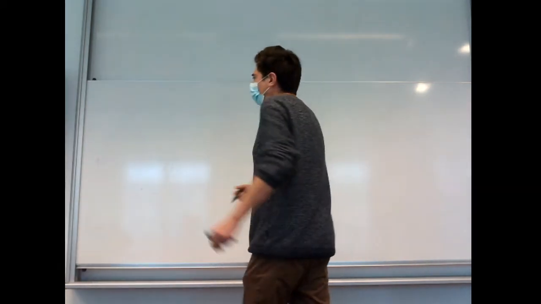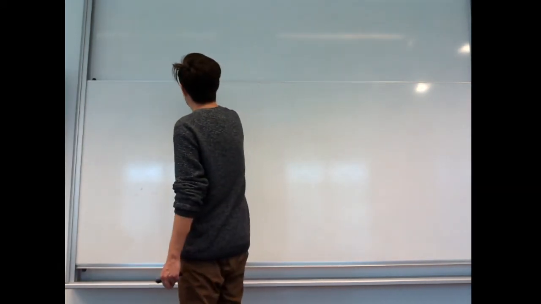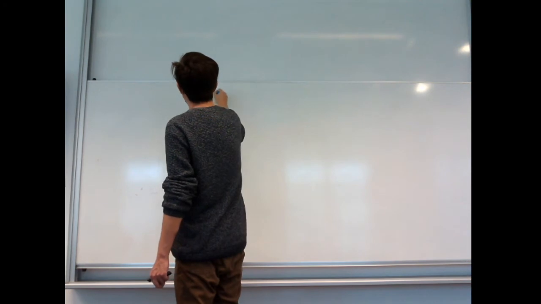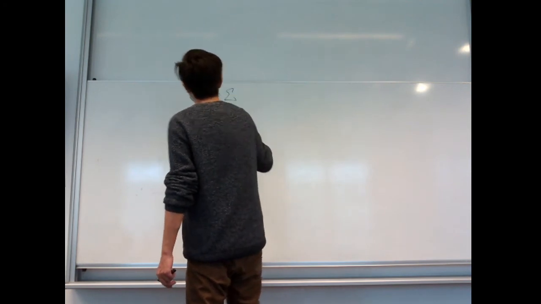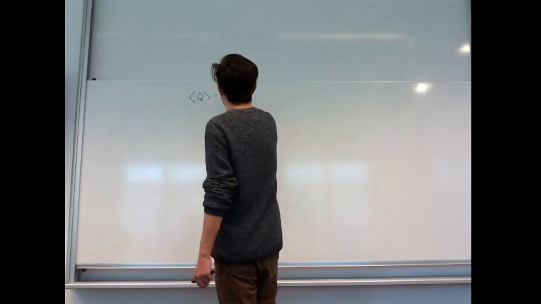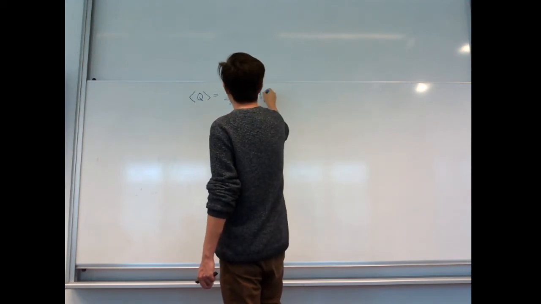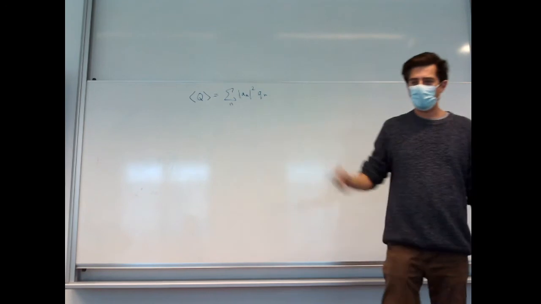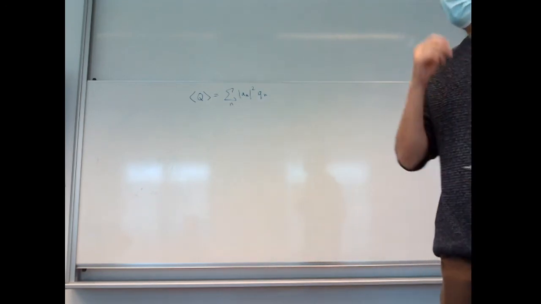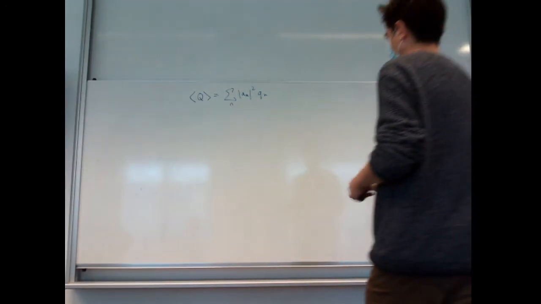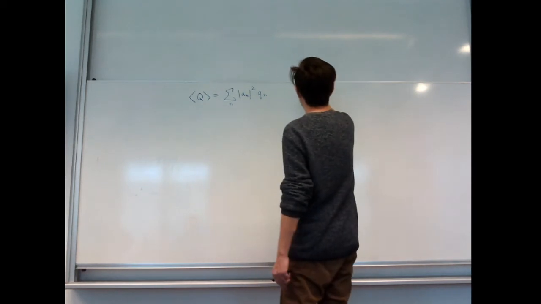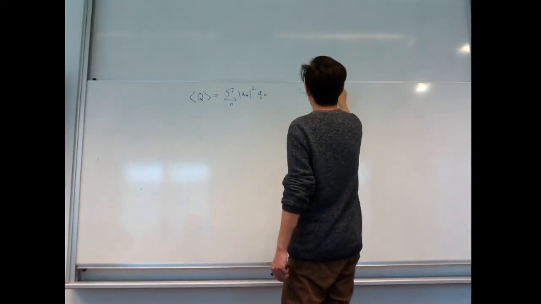So what we had before was that the average value of Q was alpha n squared times q. So that's what I had on the slide before, right? So a wave function here is a_n.